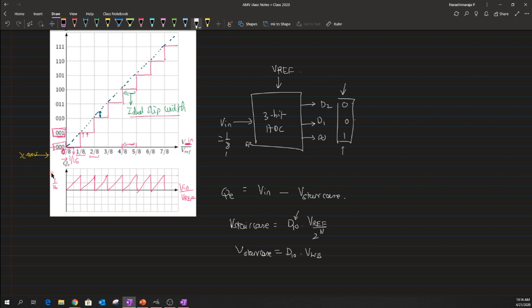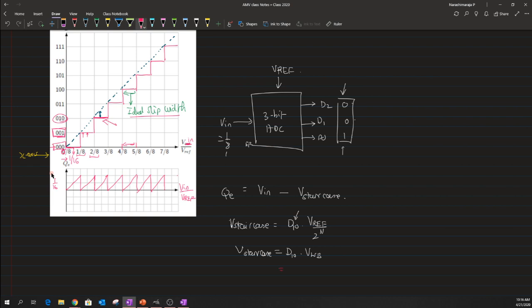If for example I want to measure the step width or the staircase of this particular quantity, in order to evaluate this step I have to know the number that is associated with it, which is basically 2.